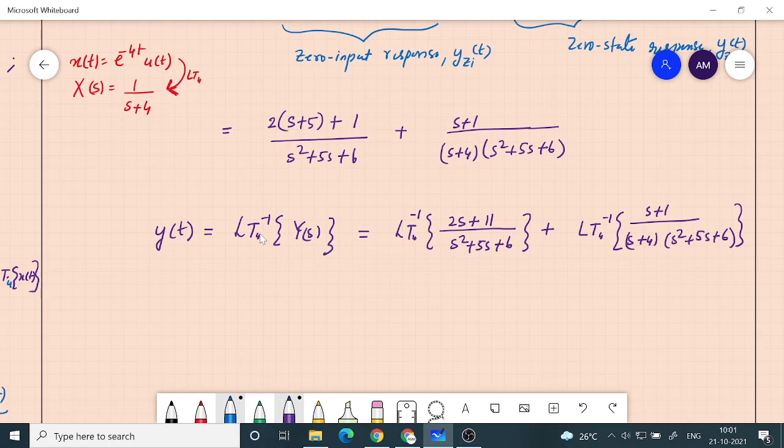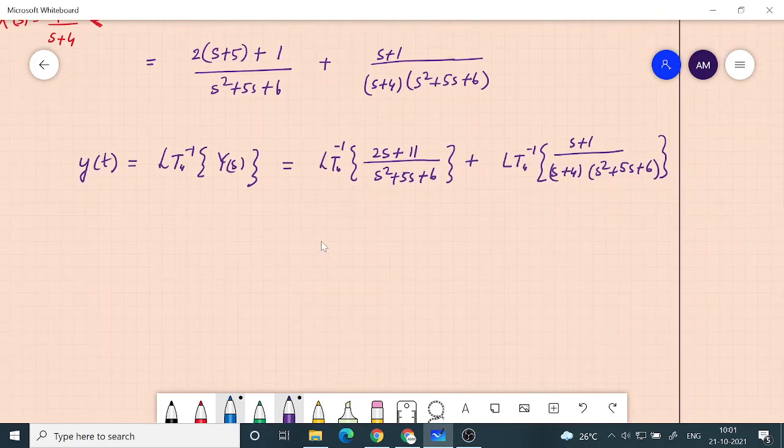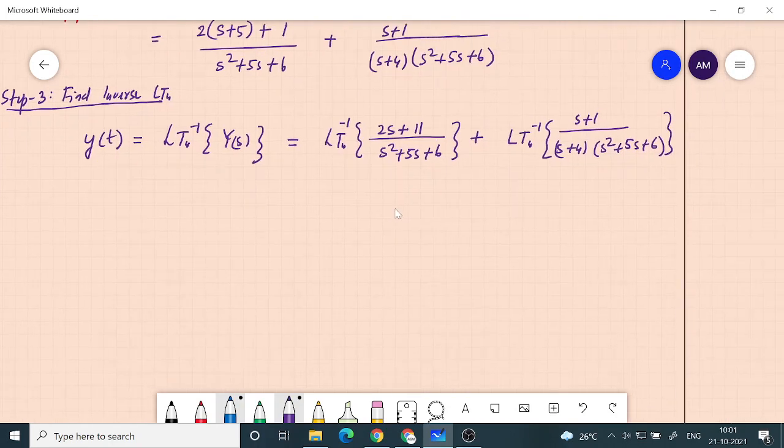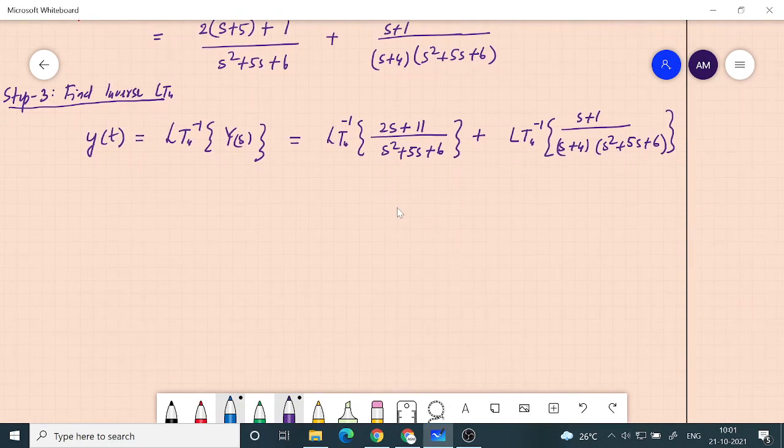Okay, so we have written this. So this is step 3, find the unilateral inverse Laplace transform. Okay, so this step, how do we do it?